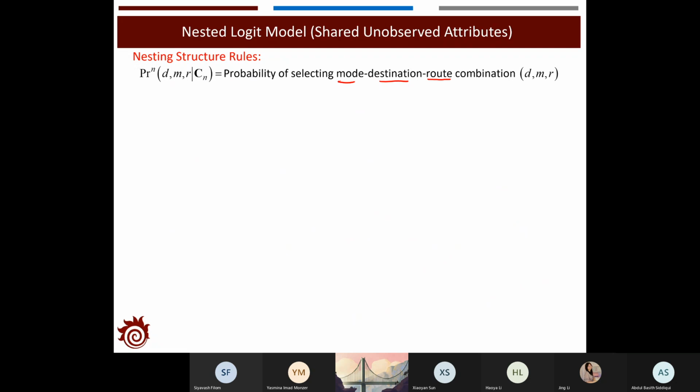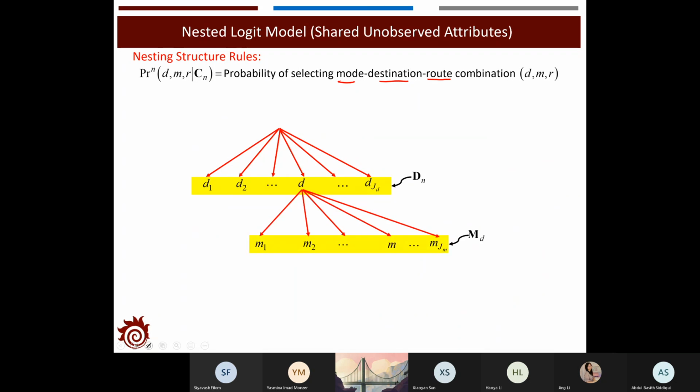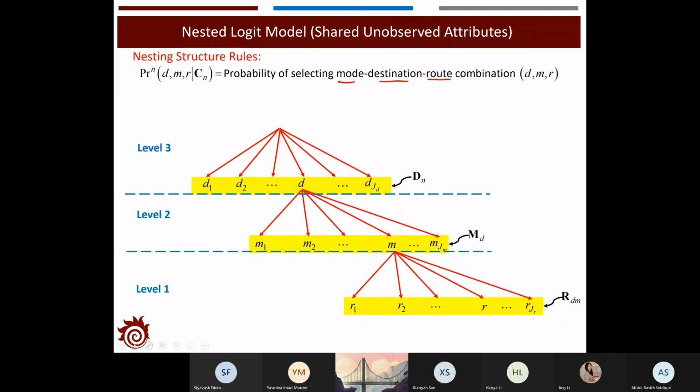So with that, we will have 3 dimensions, which means that we're going to need to set 3 levels. Assuming that we set the top level as the destination, followed by the mode, and then followed by the route, then we can actually have 3 levels.